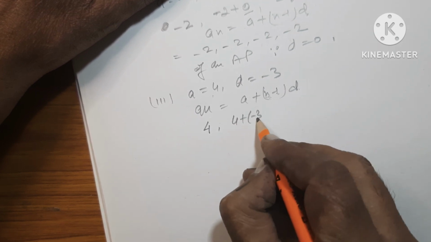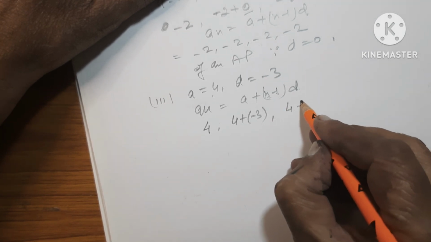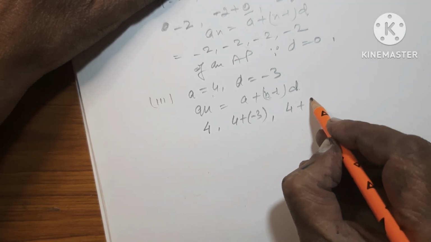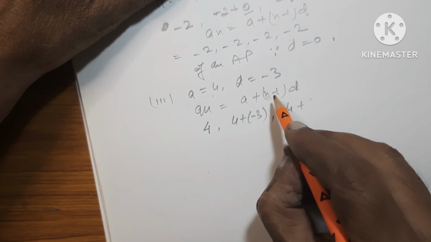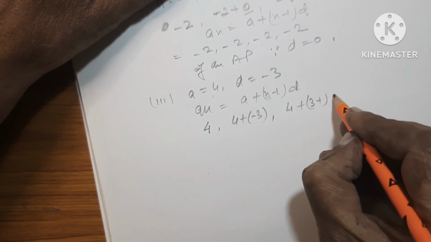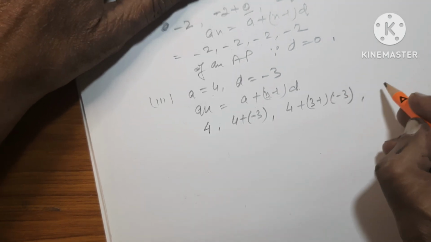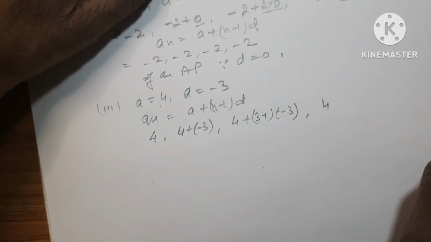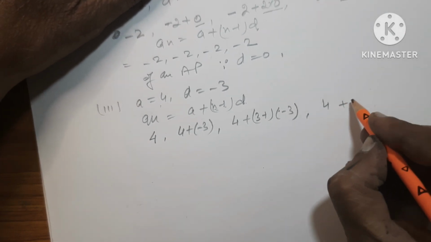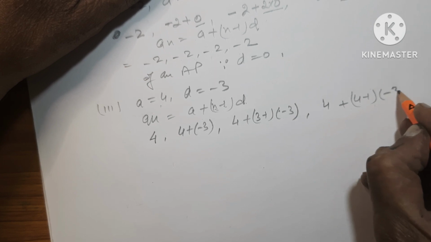4 plus minus 3. Next will be 4 plus, the third term, 3 minus 1 into minus 3. Next will be 4 plus 4 minus 1 into minus 3.